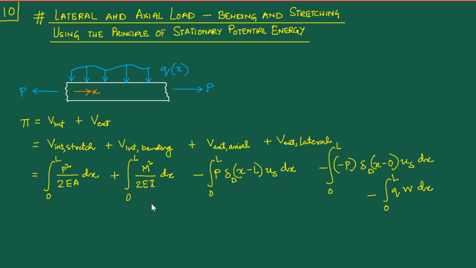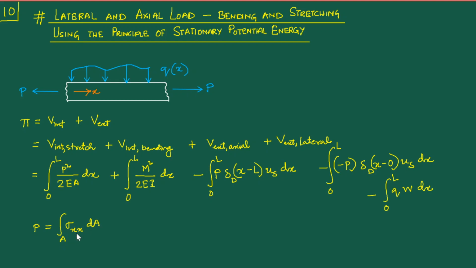So ultimately my final goal here is to obtain governing equations in terms of the deflection variables US and W. Right. So towards that end, I note that my P is basically this.